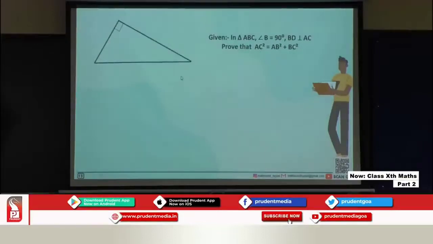So here I have the triangle, and angle B is 90 degrees. I have marked 90 degrees over here, and BD is perpendicular to AC. Now, if that is true, then we are supposed to prove that, right? So what are we going to do?